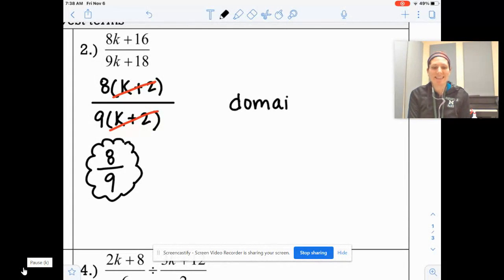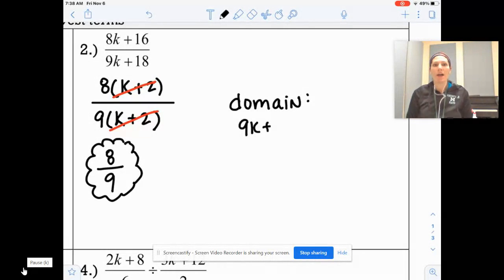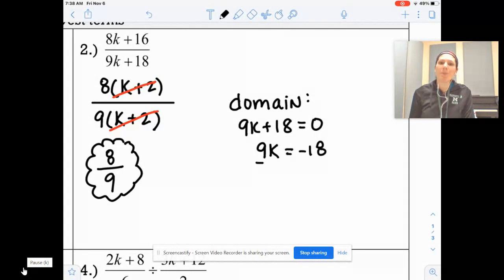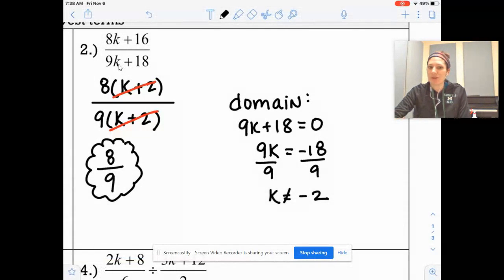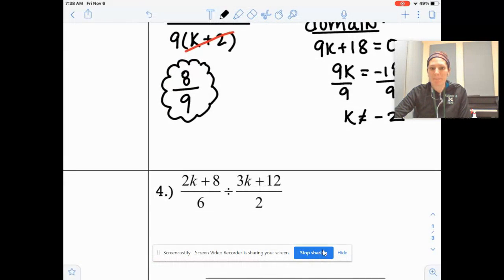So if I set 9k plus 18 equal to 0 and solve for k, I'm going to get k equals -2. But in reality, that's what k cannot equal. Because if you were to plug in -2 for k, you would be dividing by 0. So you cannot plug in -2 into this expression.